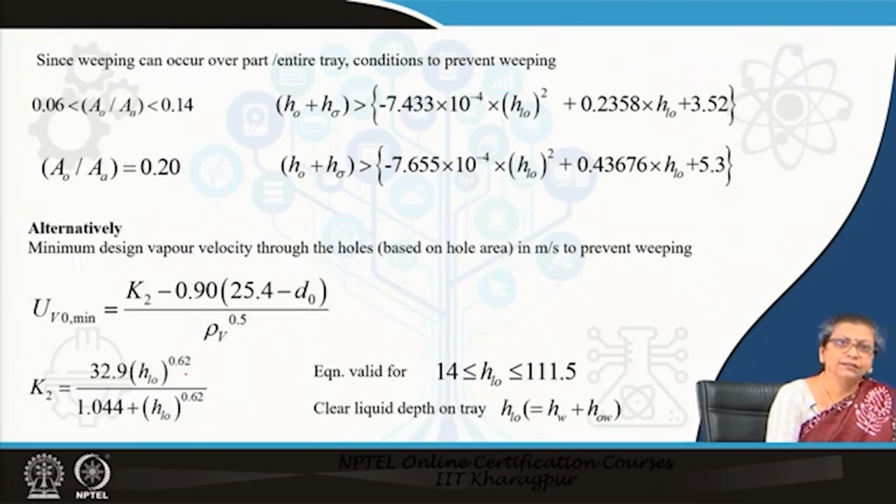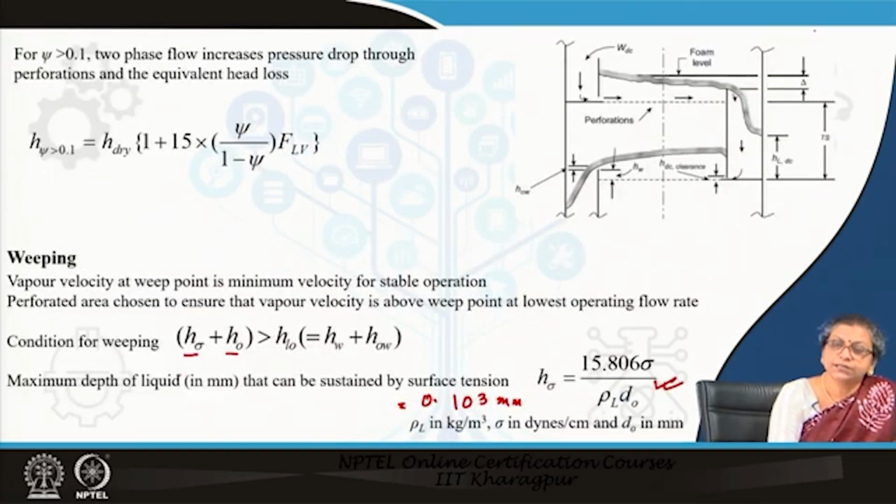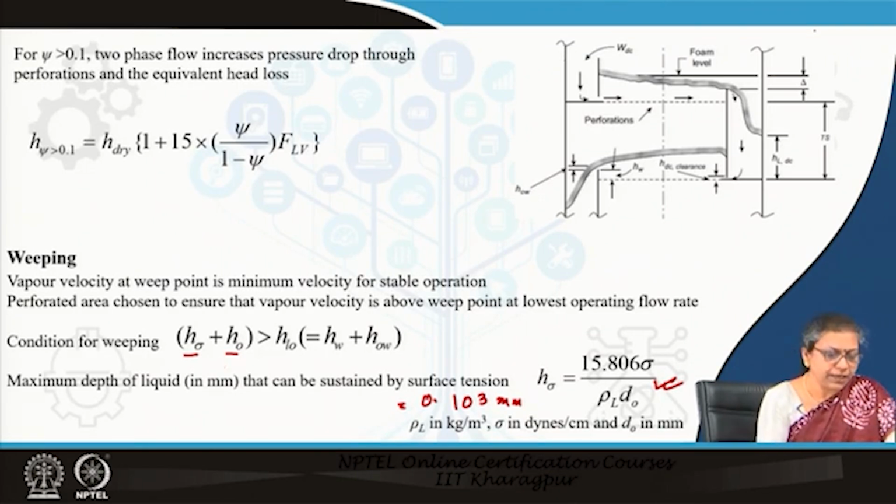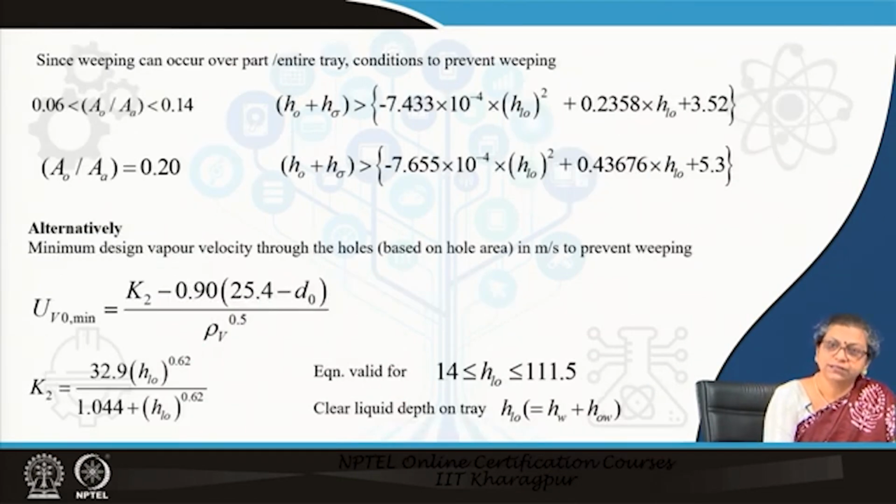Now, when you are finding the condition of weeping, there are certain things which are important for you to know. First thing is that weeping need not occur over the entire tray at one time. It can occur at certain sections of the tray. So, therefore, the condition of weeping is obtained by this equation or this equation depending upon AO by AA.